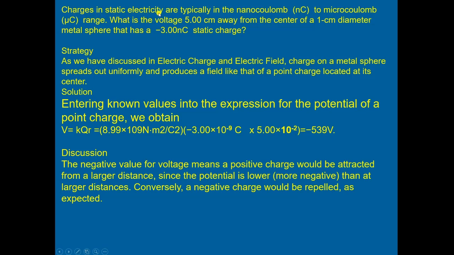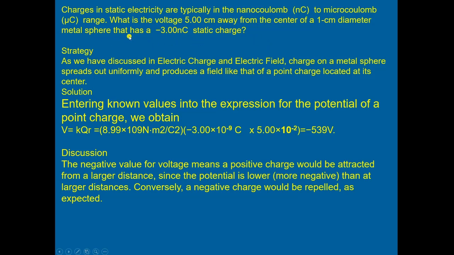Charges in static electricity are typically in the nanocoulomb to microcoulomb range. What is the voltage 0.0 centimeter away from the center of a 1 centimeter diameter metallic sphere that has a minus 3.00 nanocoulomb static charge?